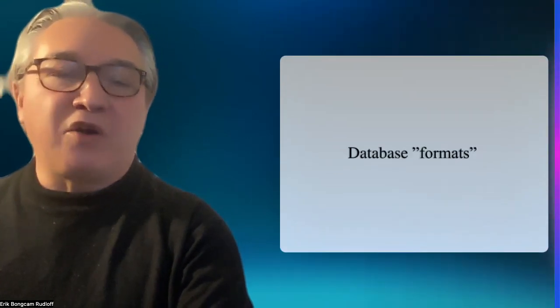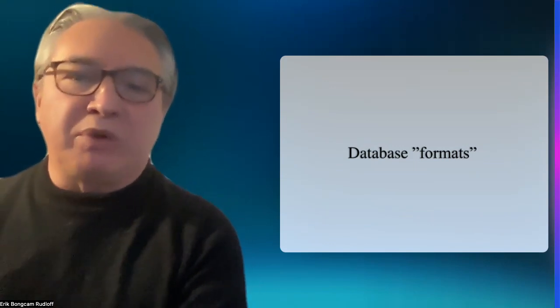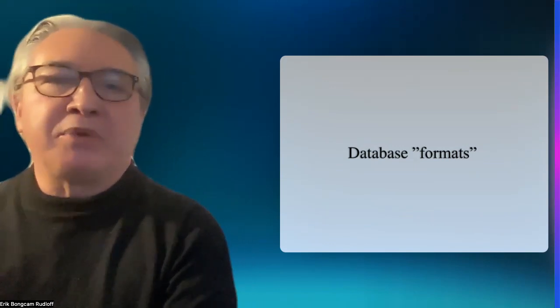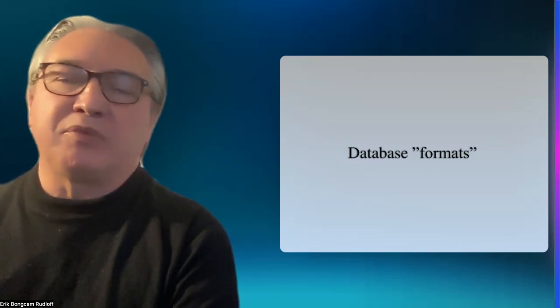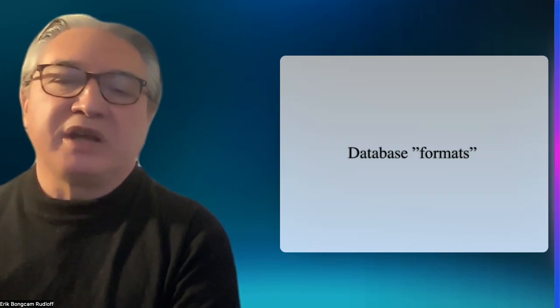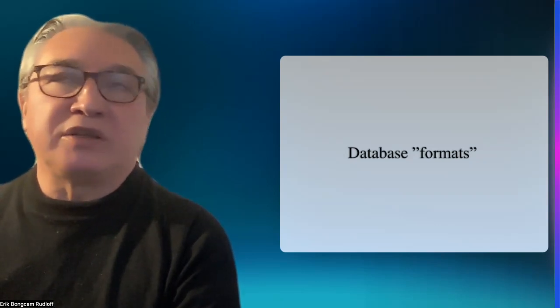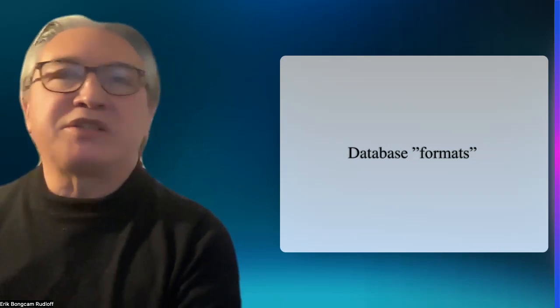So the database formats, this is also something that nowadays is not as big a problem as it used to be, because people have understood that it's a mess when people try to use all this data and make sense of it. And they go to these different databases, and all of them have different formats. And what is a format?